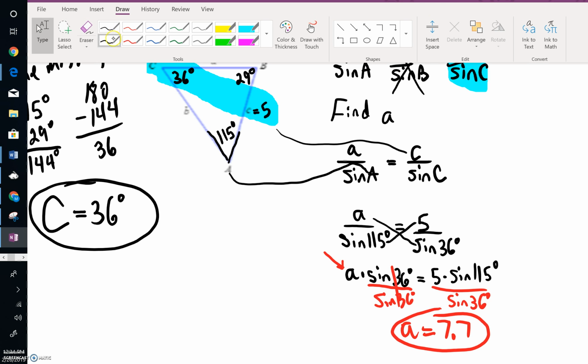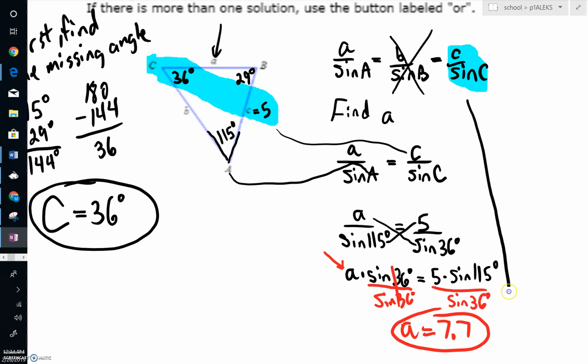We're almost done. What do we still have to do to solve this triangle? Well, there's one other side that we need to find. Now, ignore A. Pretend you found side A, but you don't care about it any longer. Ignore it.